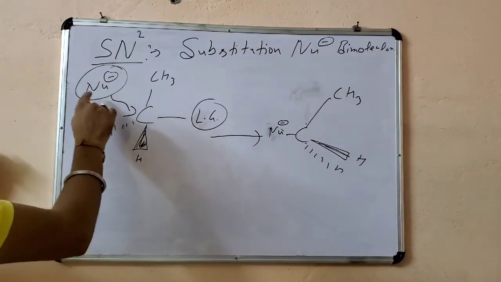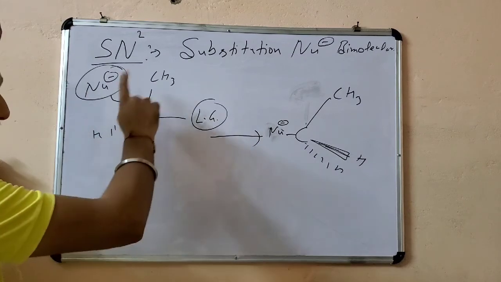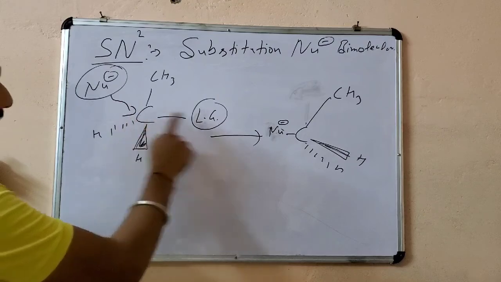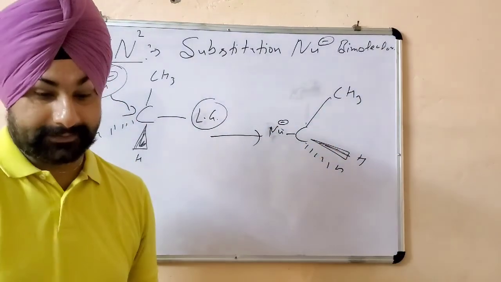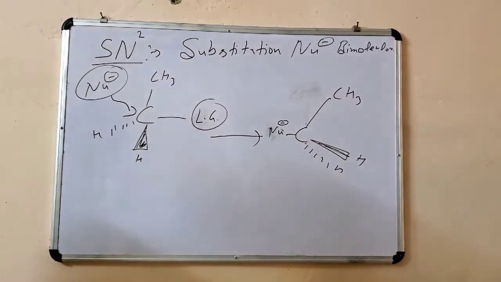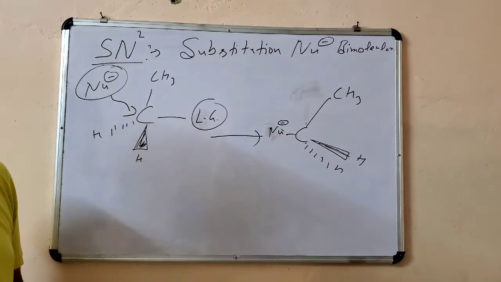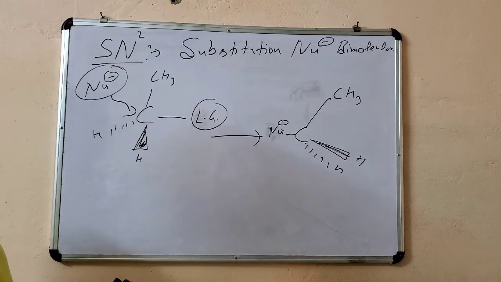One incoming nucleophile will come and attack the tetrahedral carbon, the leaving group will leave the carbon, and the incoming nucleophile will make a bond, and we get the product. The product is formed with an inversion of the tetrahedral geometry at the atom.